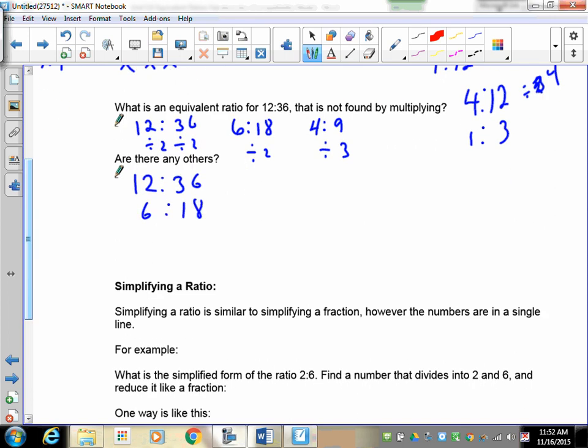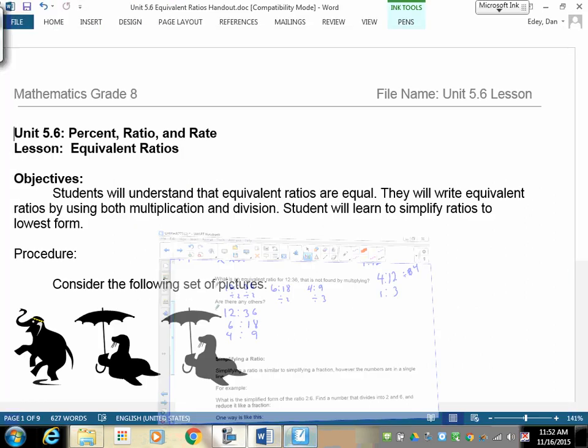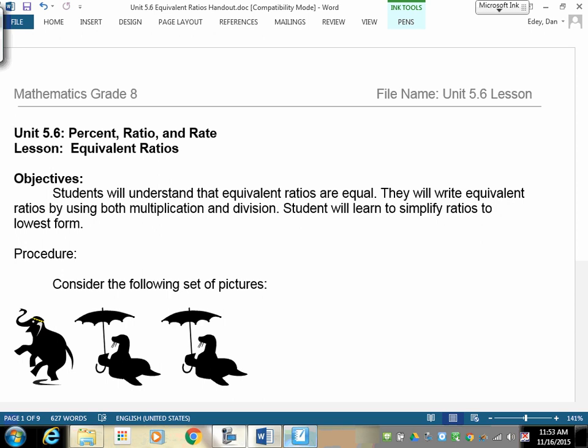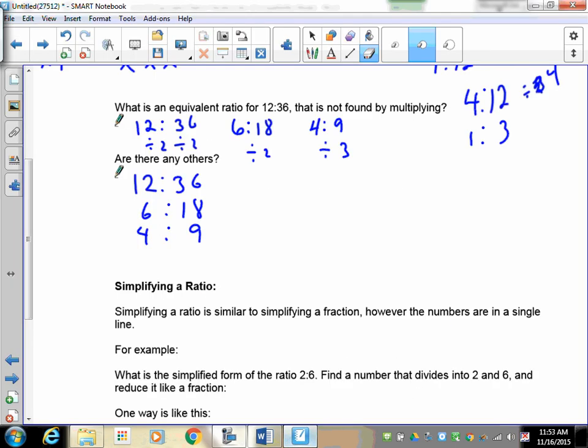You divide by 3, that's 4 to 12. Divide by 4, you get 3 to 9. And if you divide by 12, you get 1 to 3. So those are all the ones that are possible.